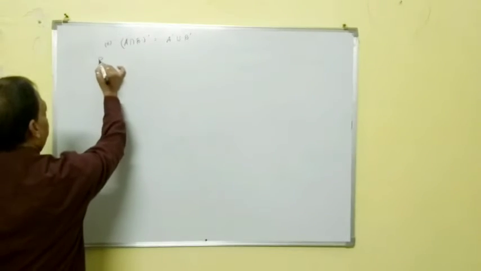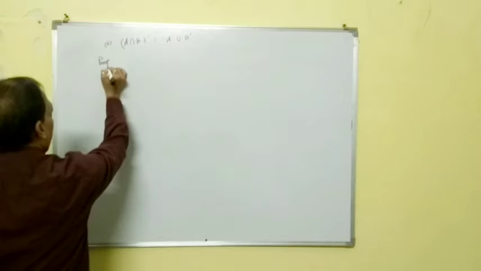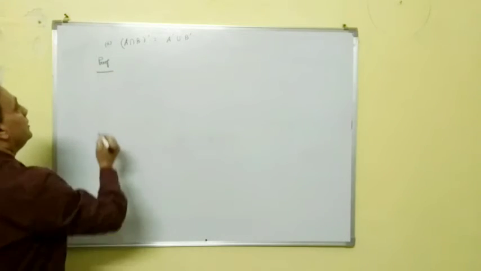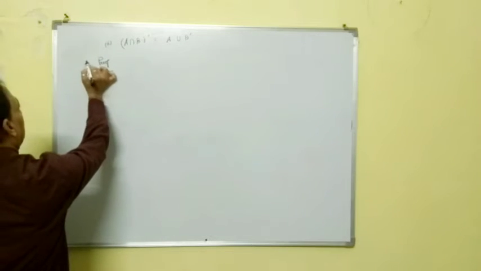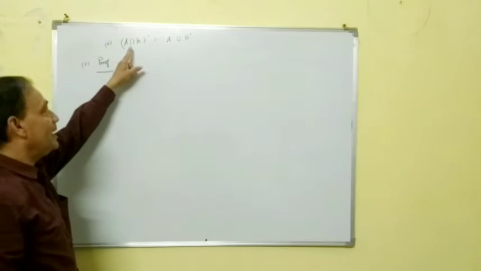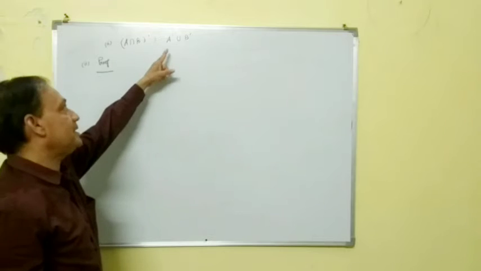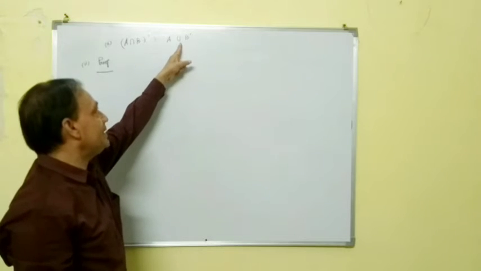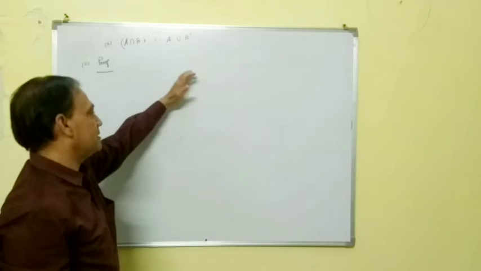So, write down the proof. First we take this and we will prove that this is a subset of this. Again we will take this and we will prove this is a subset of this set.